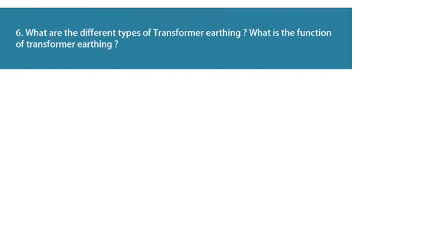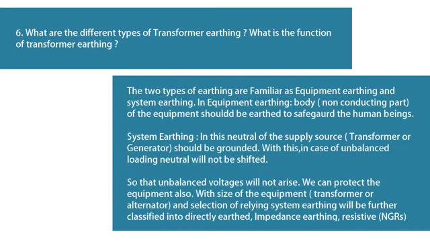6. What are the different types of transformer earthing? What is the function of transformer earthing? The 2 types of earthing are familiar as equipment earthing and system earthing. In equipment earthing, body, non-current-carrying part, of the equipment should be earthed to safeguard the human beings.